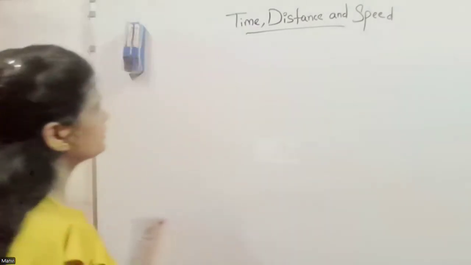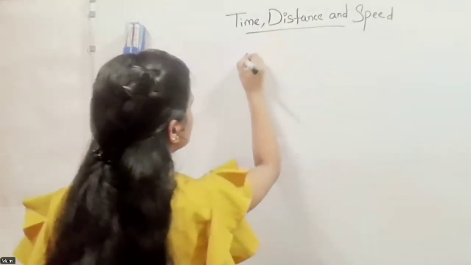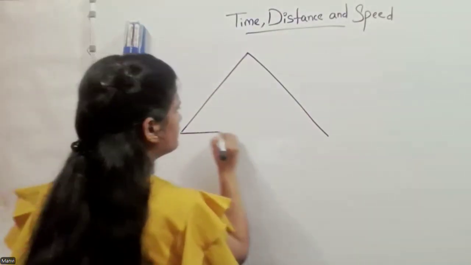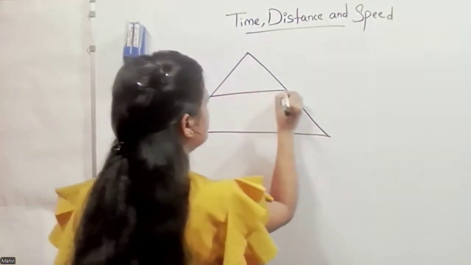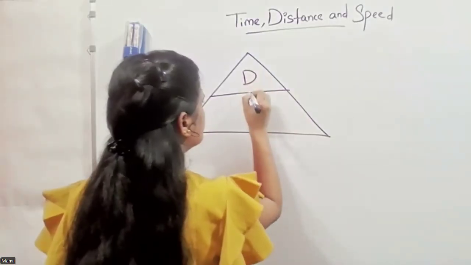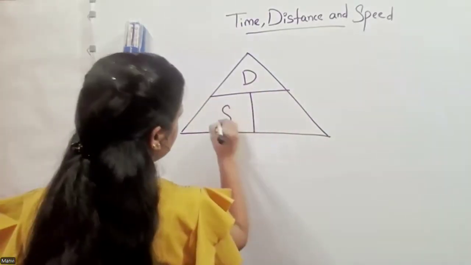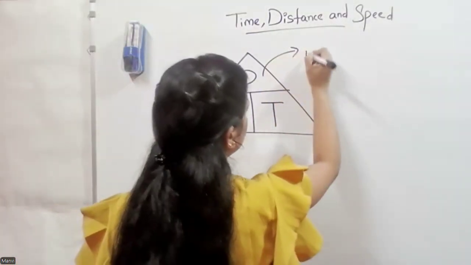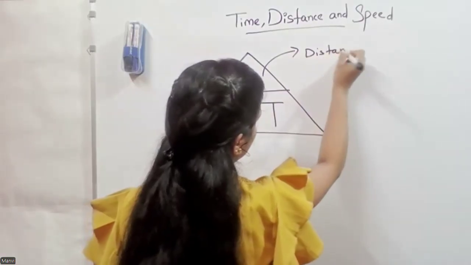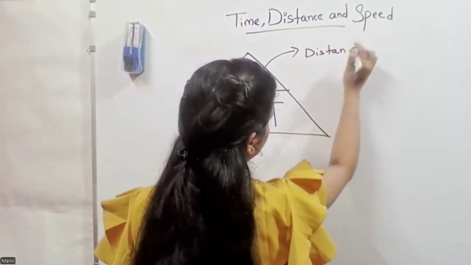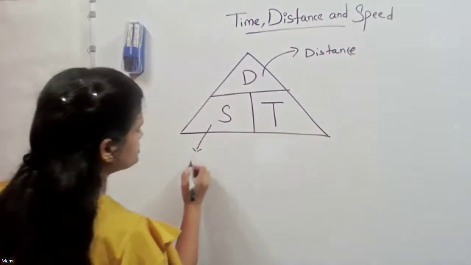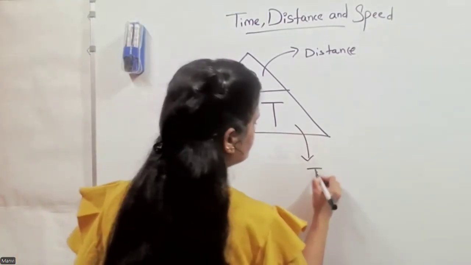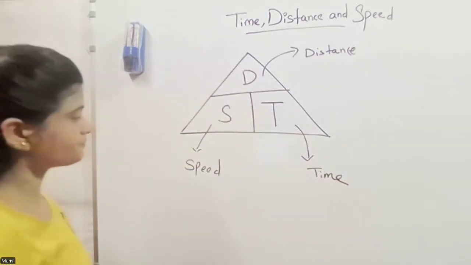So we can remember this by using this triangle formula. This is distance, this is speed, and that is time. So this D denotes distance, this S denotes speed, and this T denotes time.